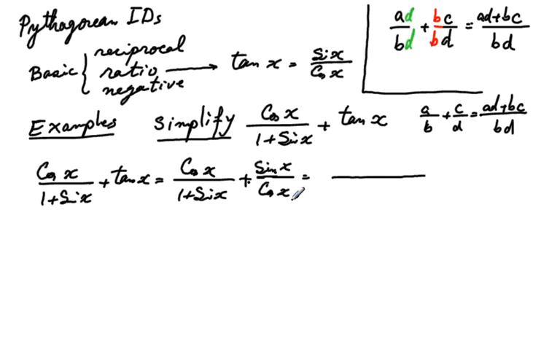So we apply that idea here, except that our expression is 1 plus sine of x, and the other guy is cosine of x. So I have to cross multiply these two. Cosine of x times another cosine of x. These times that. Then this one times that one.